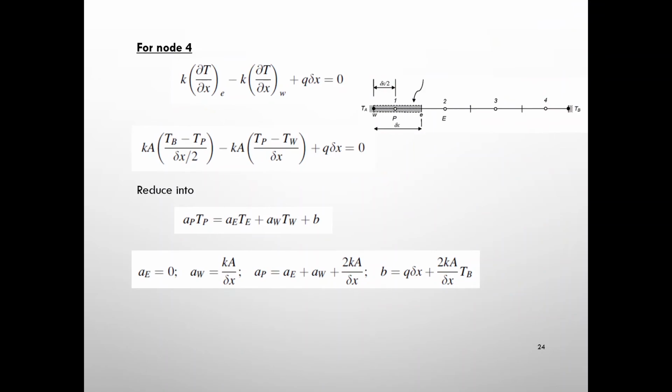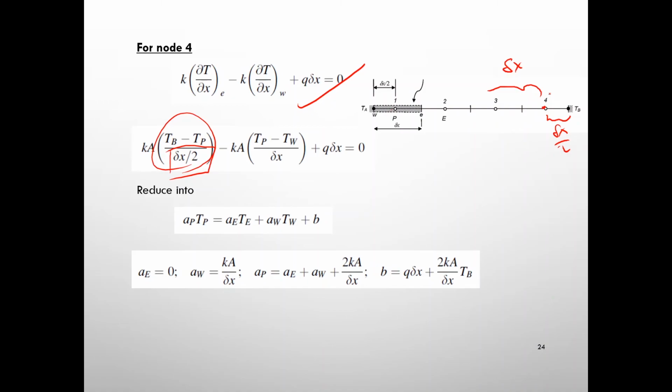Okay, for node 4, we are just going to do the same thing. So this is actually for node 1. For node 4, the idea is the same. This is del x over 2, and this is del x, and just do the same thing. But this one has TB minus TP and the del x over 2, and this is the full length to the west.